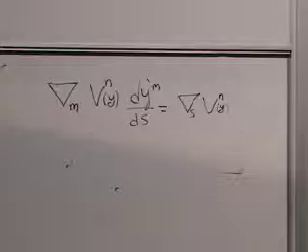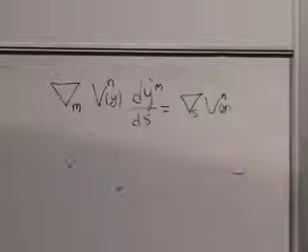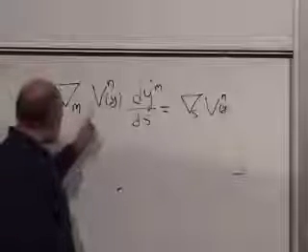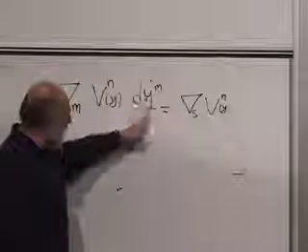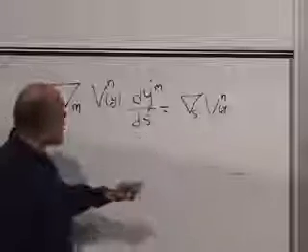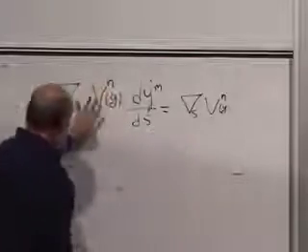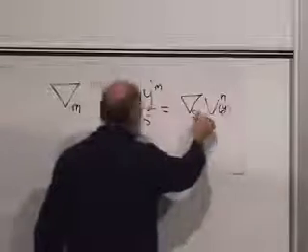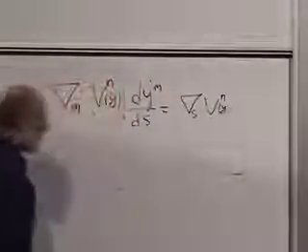In other words, we've defined a covariant derivative of a vector along a curve. How? You just take the ordinary covariant derivative and you multiply it by the tangent vector. The tangent vector just tells you what direction you're differentiating in. You take the covariant derivative, and that defines the covariant path derivative along the curve.